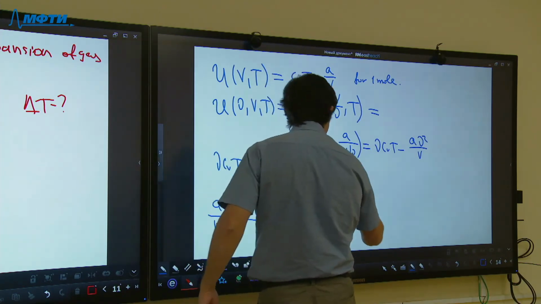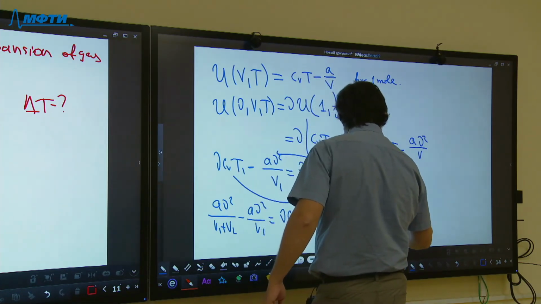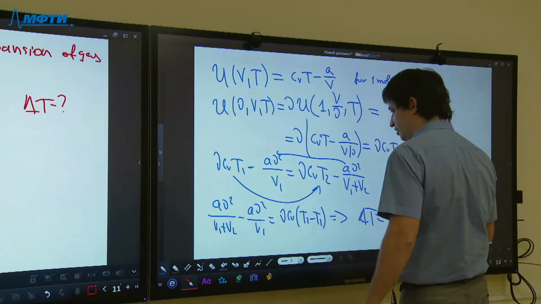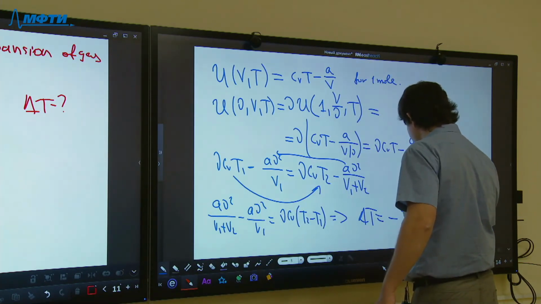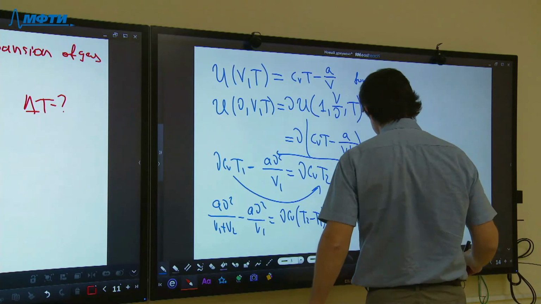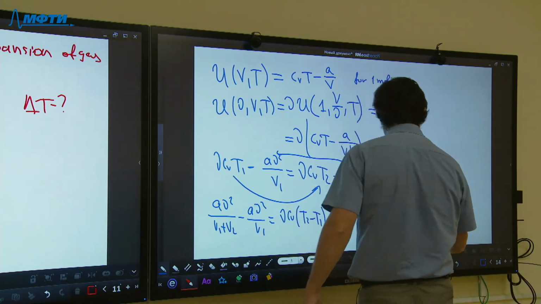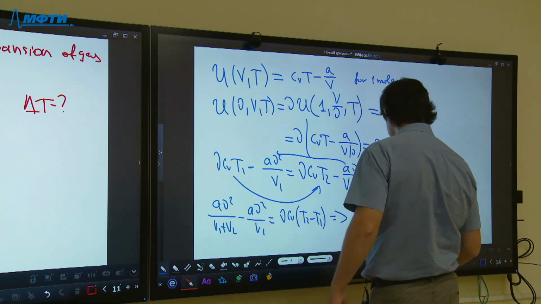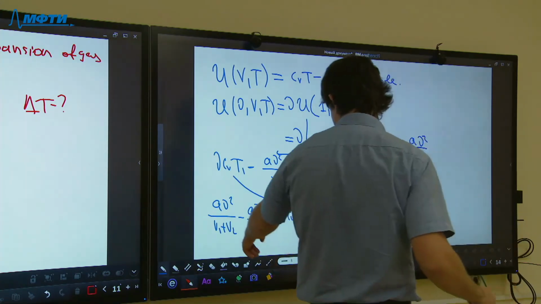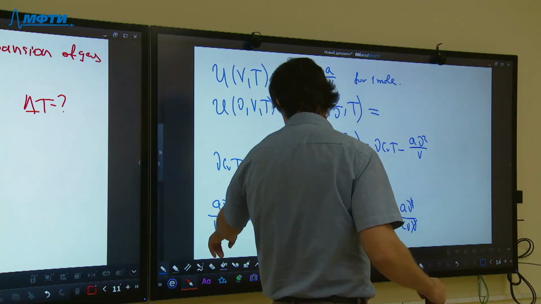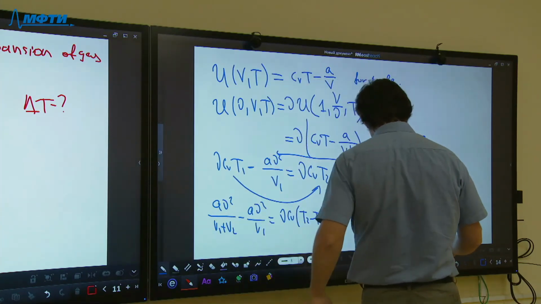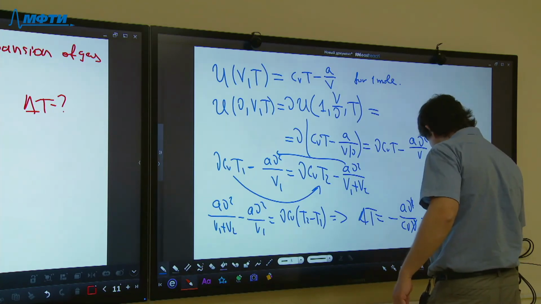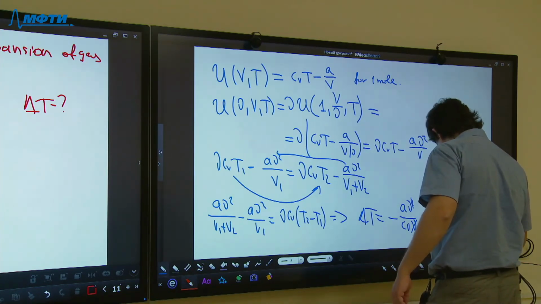So from this I get that delta T is equal to minus A nu squared over nu C_V, so nu is left here. And here goes 1 over V1 minus 1 over V1 plus V2. So that would be V2 over V1 plus V2.